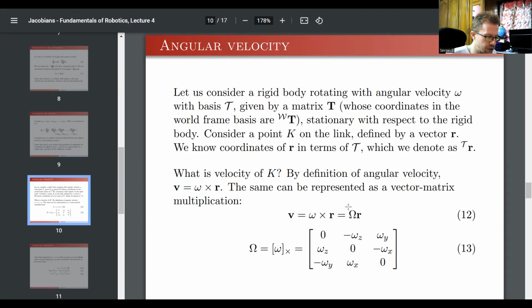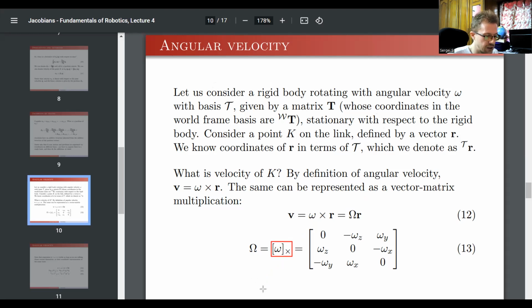Instead, you can represent it as a matrix vector multiplication, and this matrix is called, as you said, the skew symmetric representation. So this matrix omega is a skew symmetric representation of this vector, and is denoted with omega with a cross as a subscript, in brackets. That is a very standard notation. Everyone uses it, so you can use this notation wholesale, and everyone would understand that you mean the skew symmetric representation of a vector.